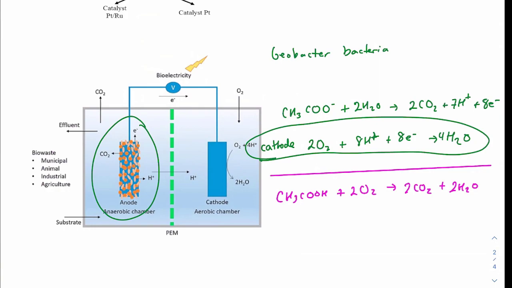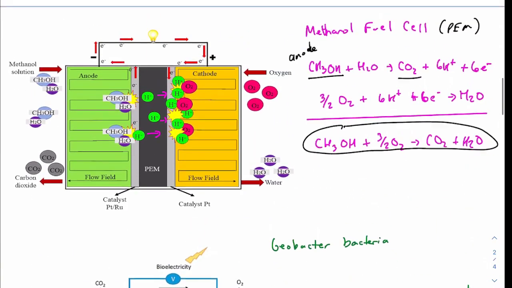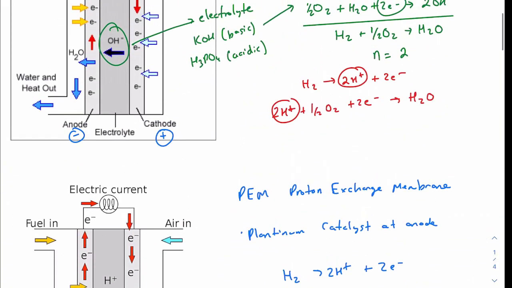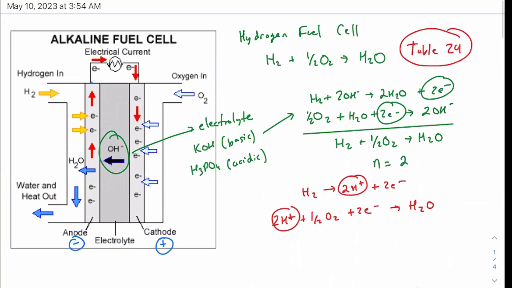Good news, the cathode reaction stays fairly the same in all these fuel cells, except for the alkaline fuel cell, where it's OH- production with O2 instead of water from O2 with H plus.